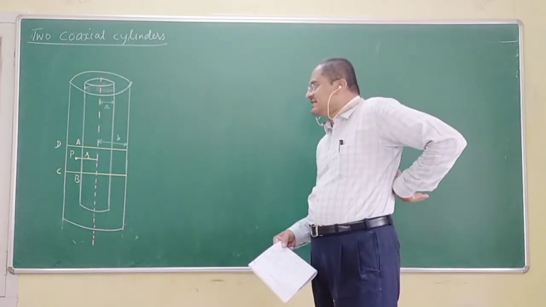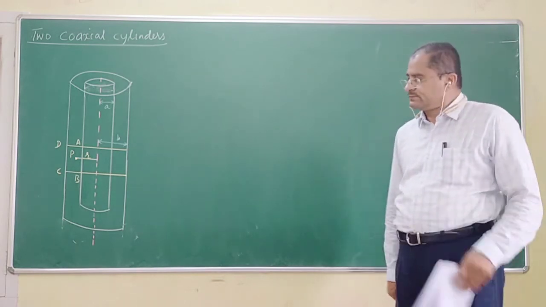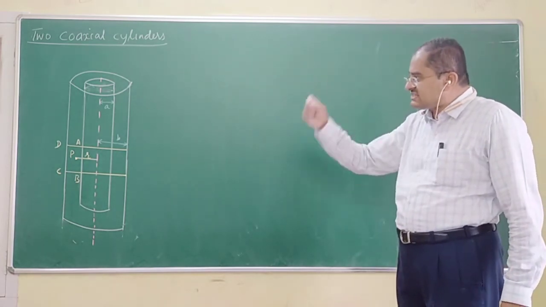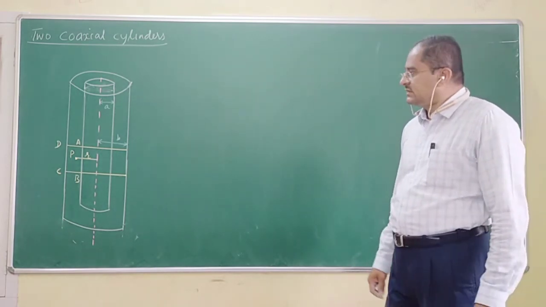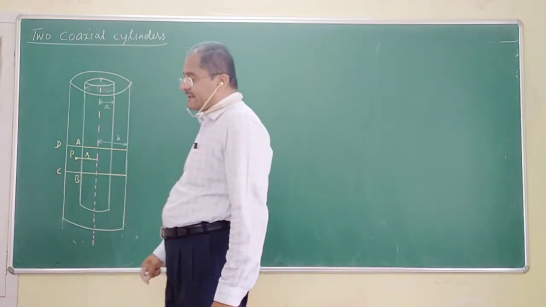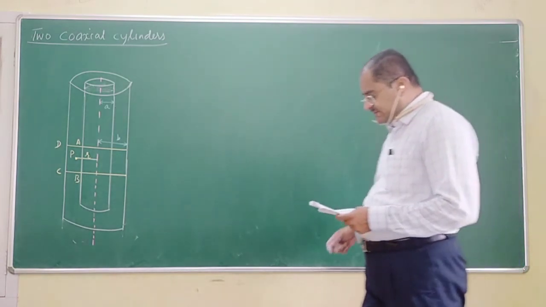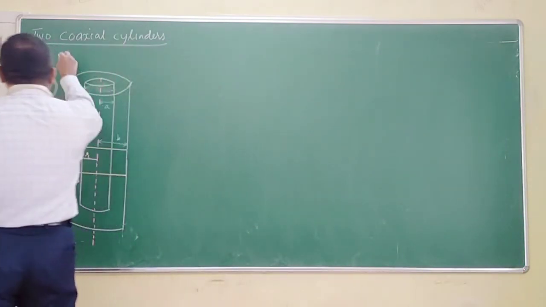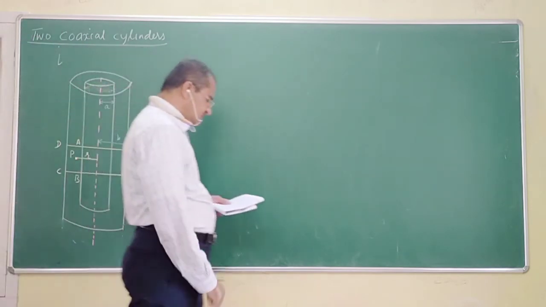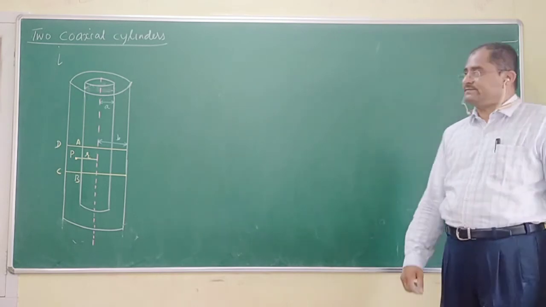From the axis of the cylinder at a distance r, I have chosen a point P. Let us suppose a current of I amps is flowing through the inner cylinder.